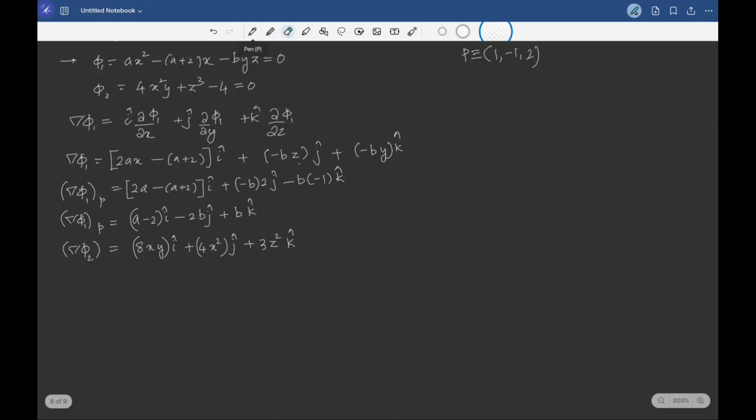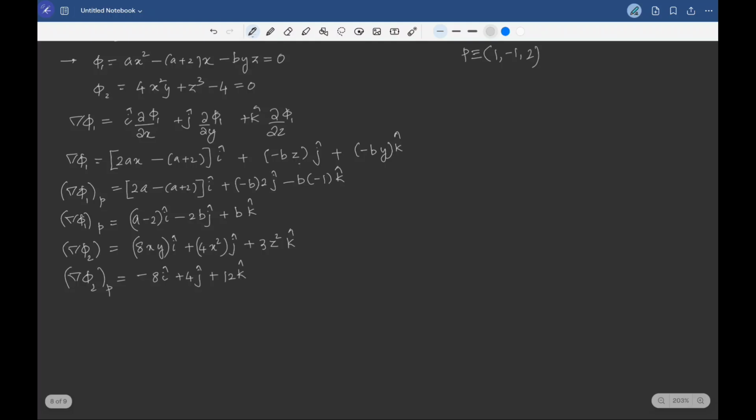Now what we have been given in the question is del phi 1 at point P and del phi 2 at point P. Let's evaluate that point P first. Phi 2 at point P, evaluating, we get minus 8 i cap plus 4 j cap plus 12 k cap.